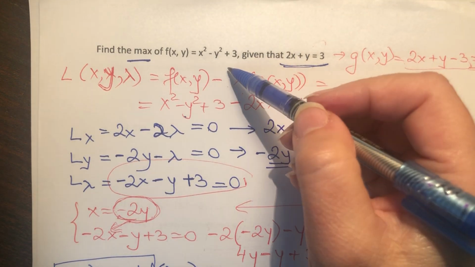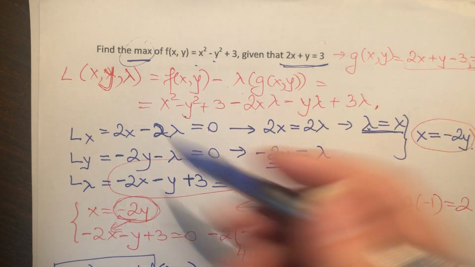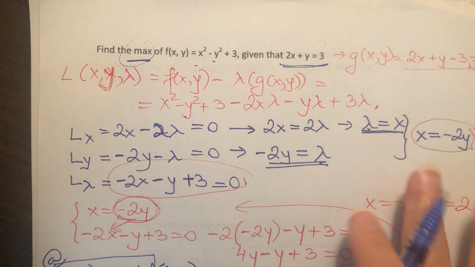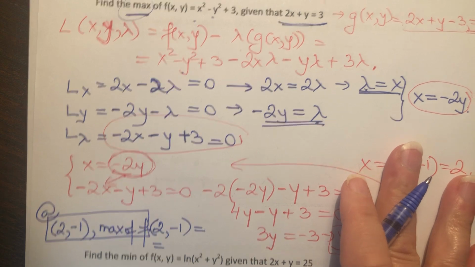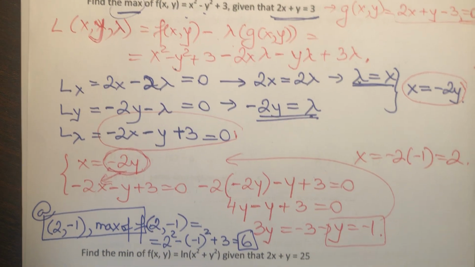Plug it back in, because you want to find that maximum value, right? Well, the maximum value is occurring at (2, negative 1), right? And the maximum value is 2 squared minus negative 1 squared plus 3. So that's 4 minus 1 is 3, plus 3 is 6. That's the maximum value. Okay.